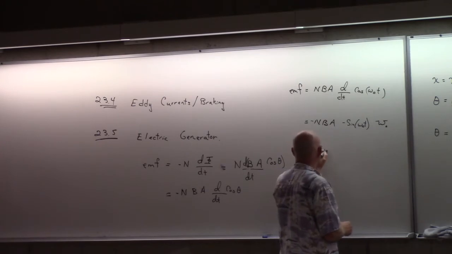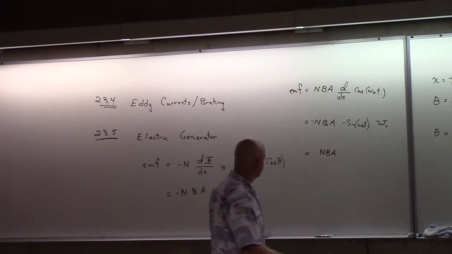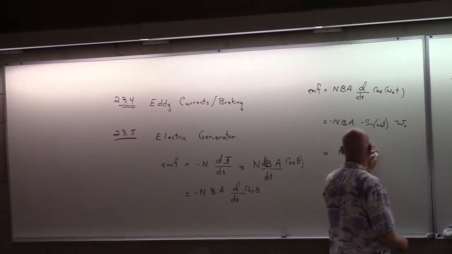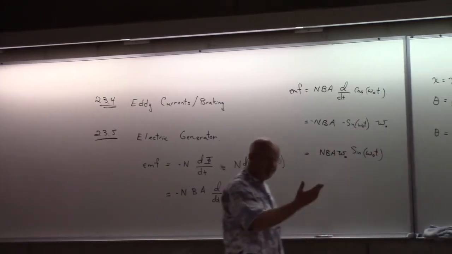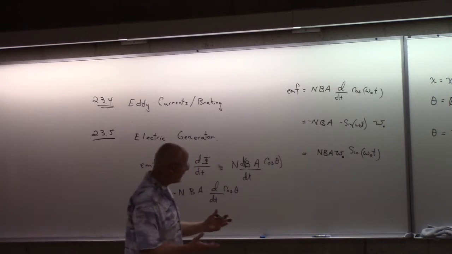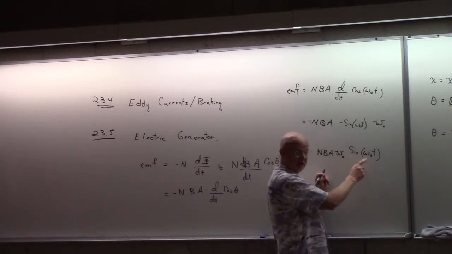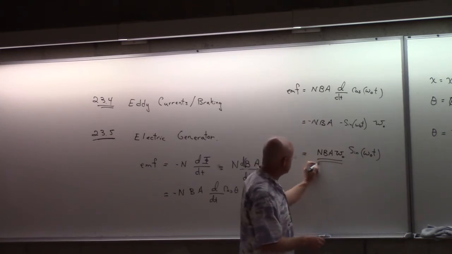But here's what I'm trying to get at. If I go ahead and do some of the calculus for you, you won't have to. And so we've got a nice little formula that says how much voltage you would get from a configuration like this. This is called a generator. And you can now see the sine function is the sinusoidal piece of it. And so this is its magnitude.